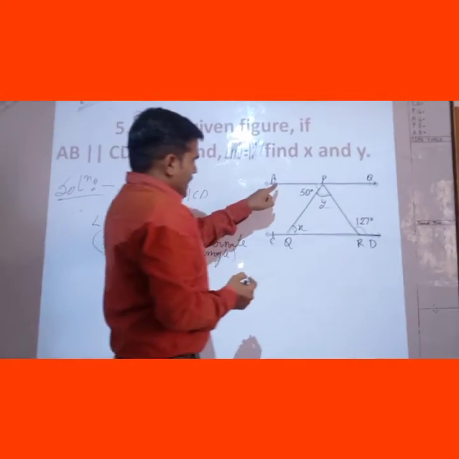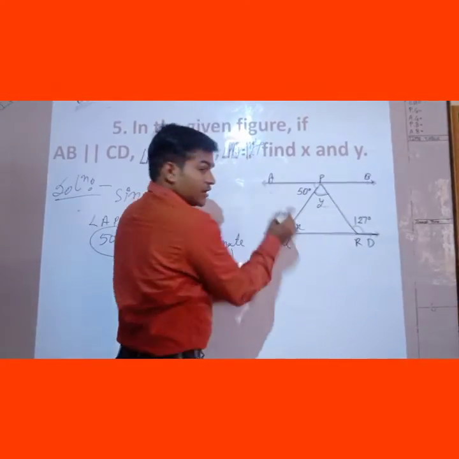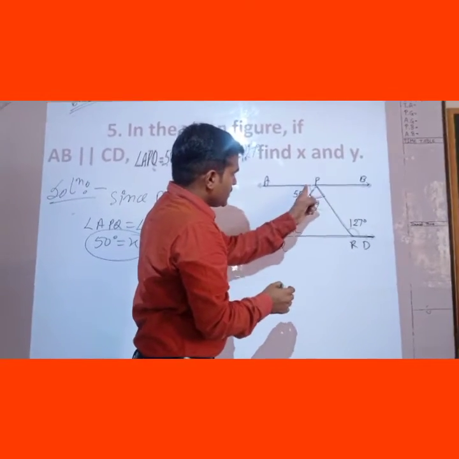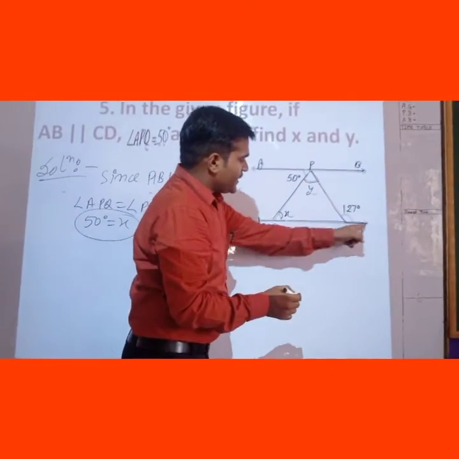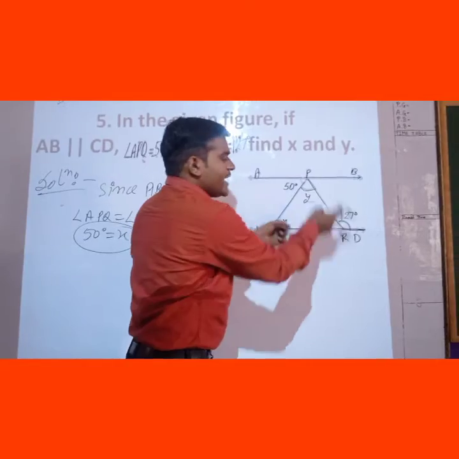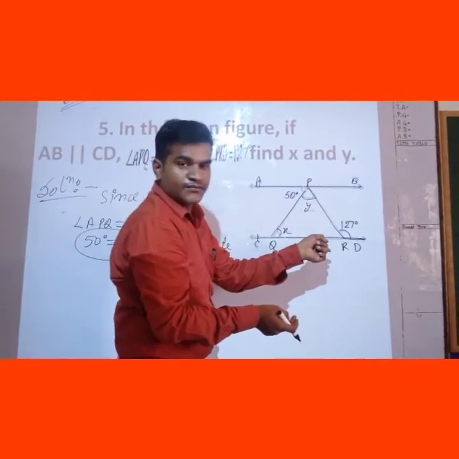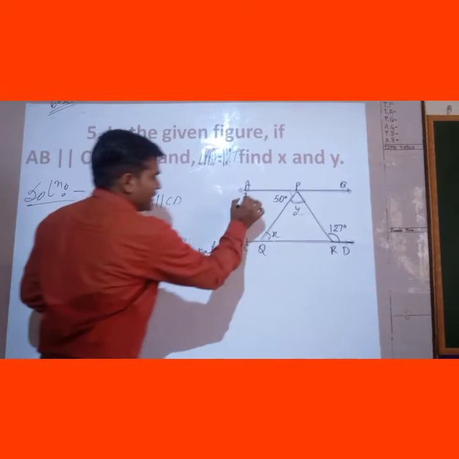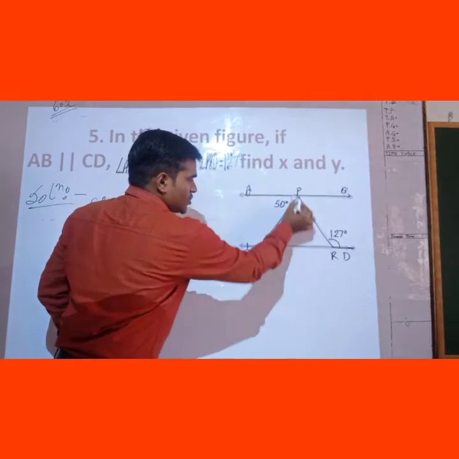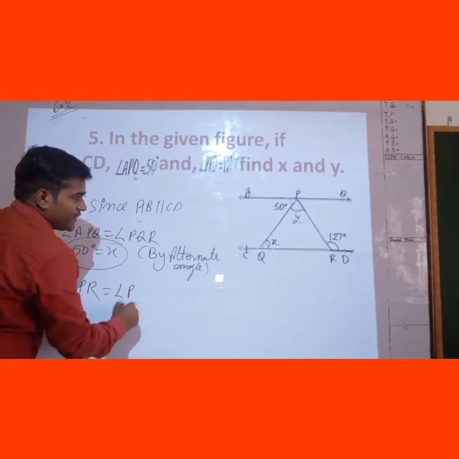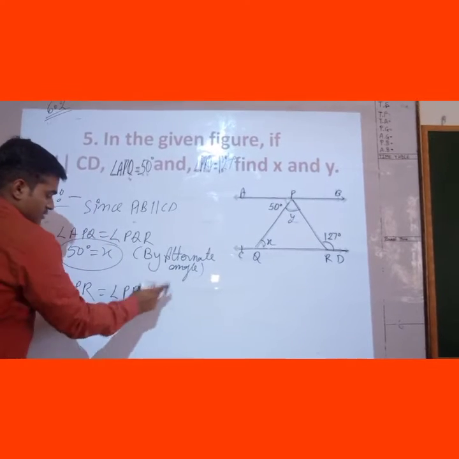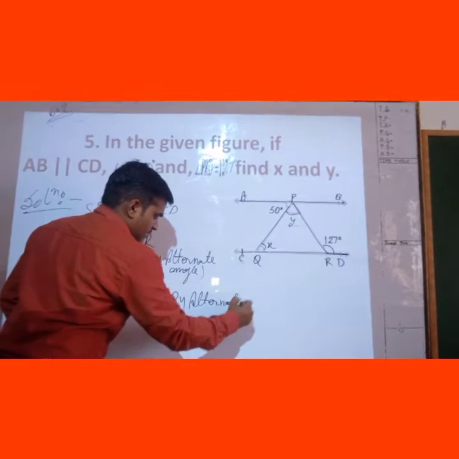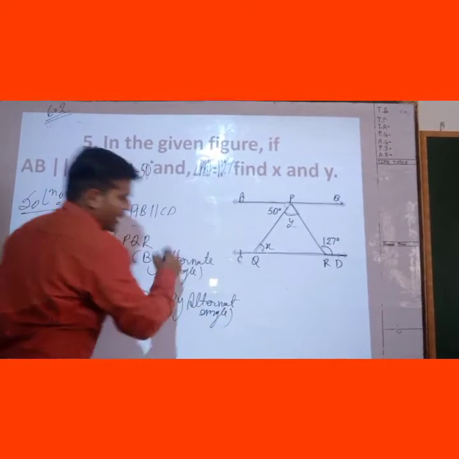Now angle APR, this total angle, y plus 15, is equal to angle PRD, because these are also alternate angles if PR is the transversal. So angle APR total is equal to angle PRD by alternate angles.